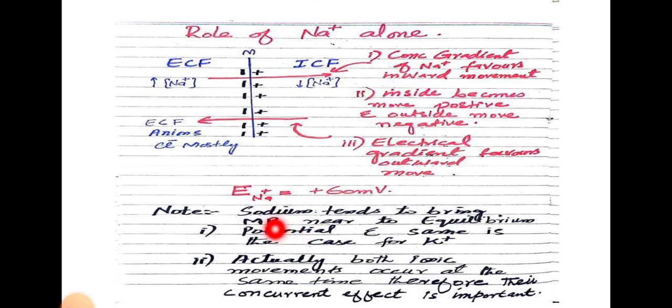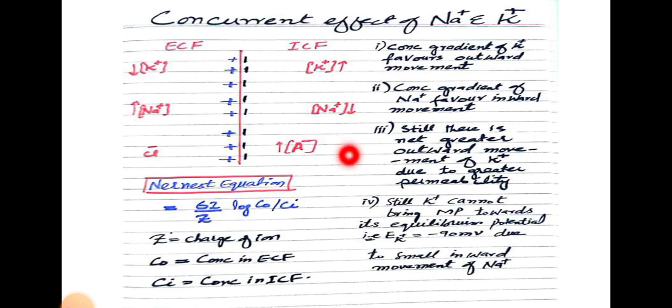Equilibrium potential is mathematically expressed by the Nernst equation. One thing I am going to repeat again: these are hypothetical models, role of sodium alone and role of potassium alone. They help us to study the concurrent effect, because in cells both sodium and potassium act together simultaneously.